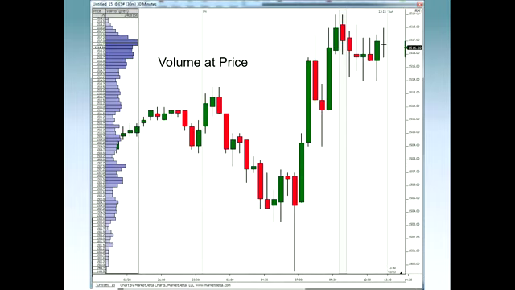Now, here's the profile, and each of these bars represents the level of volume that was traded at that price. And on the left-hand side, I have the prices. So I have the prices on the right in the form of the scale, and I also have the prices on the left.